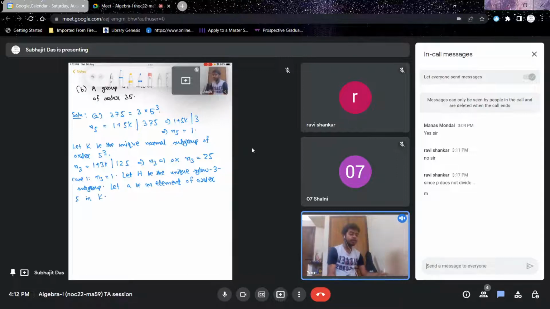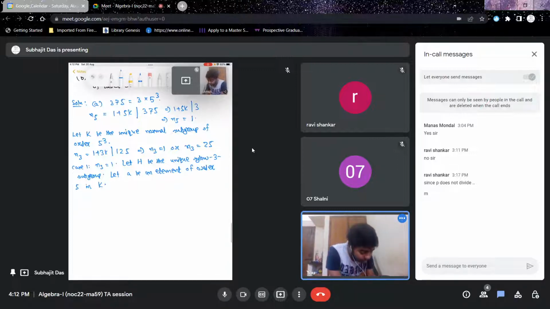K has order 125, so by Cauchy's theorem or Sylow's first theorem, K clearly has an element of order 5. So let K prime be the subgroup of K generated by A. It's a cyclic group, right? Then HK prime is equal to K prime H, right?